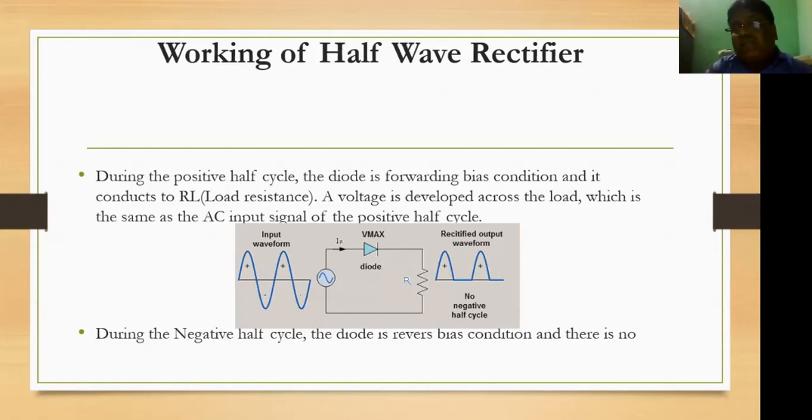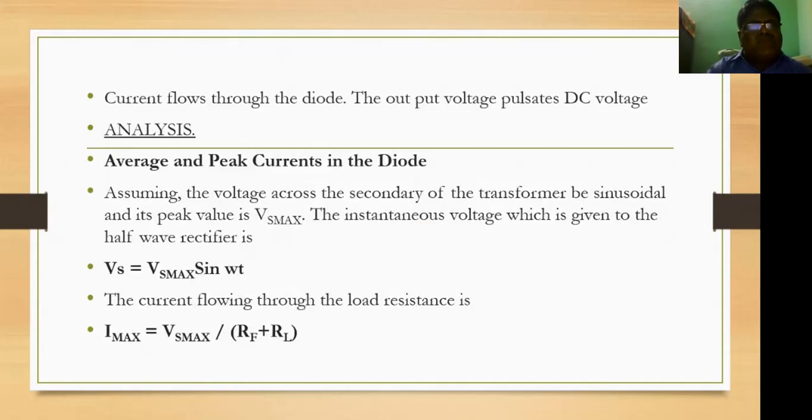How much voltage appears at the output side? Zero. Why? Because the circuit is broken, so there is no current passing. Next, current flows through the diode in one direction only, so the output is a pulsating DC voltage. That is the working part of the half-wave rectifier.